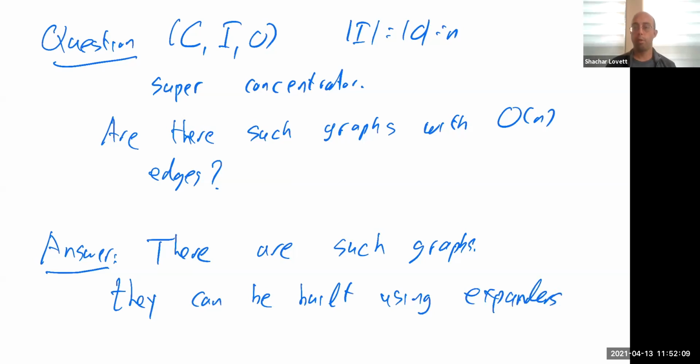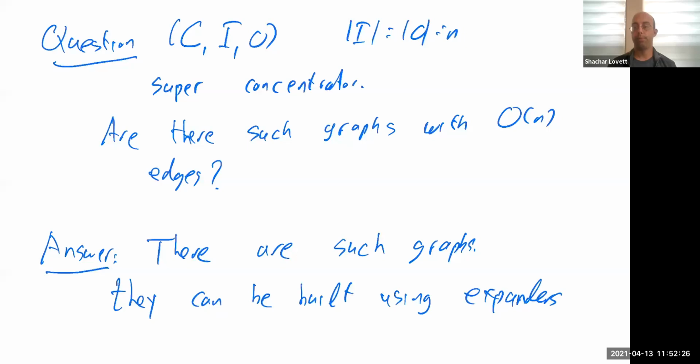Okay, so that's going to be the next part of this talk. We're going to see how to use expanders to construct super concentrators with a linear number of edges.